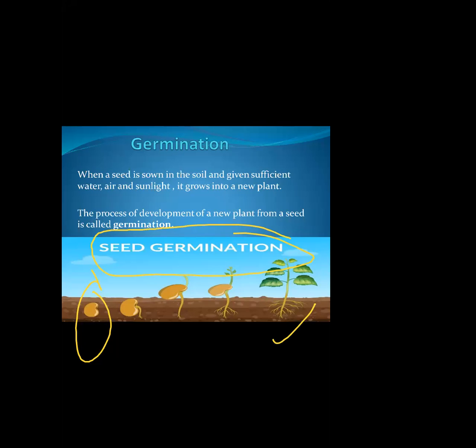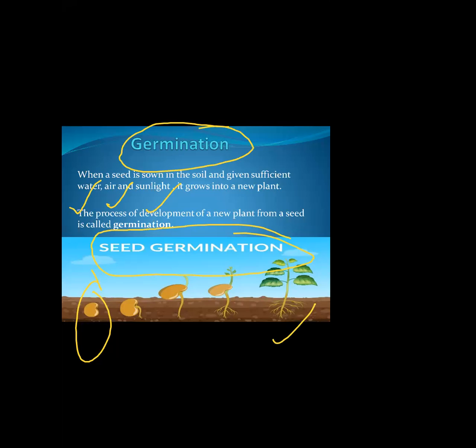Now, for a seed to germinate, there are 4 things required. First one is the water, second one is the air, third one is the sunlight. Now the fourth one, if the temperature is not suitable for the growth of the seed, germination won't happen.